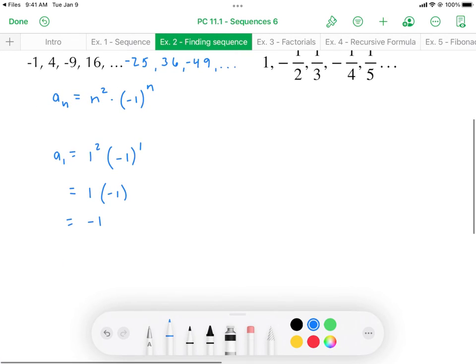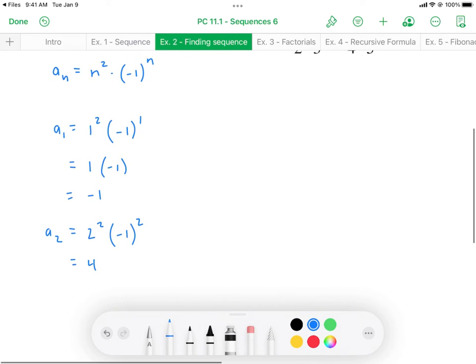Okay, but now what about the second term, a sub 2? That would be 2 squared times -1 to the second power. And we know 2 squared is, of course, 4. And now we have negative 1 being raised to an even power, which is going to result in positive 1, right? So it eliminates the negative result.